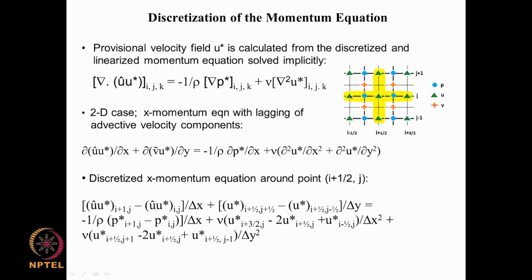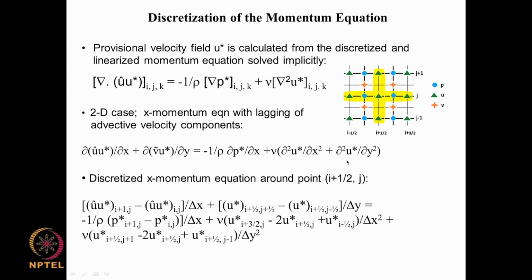So this is the approximation for dou square u by dou x square at I plus half. Because this is a derivative in the x direction, we take this value minus 2 times this value plus this value, that is what we have here.